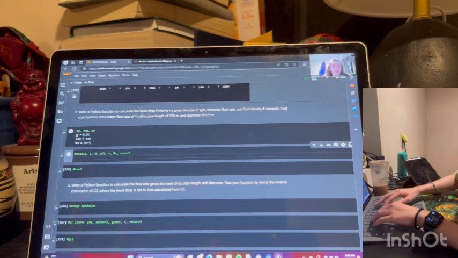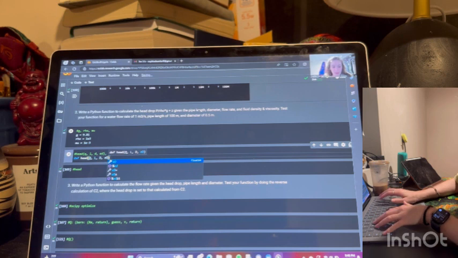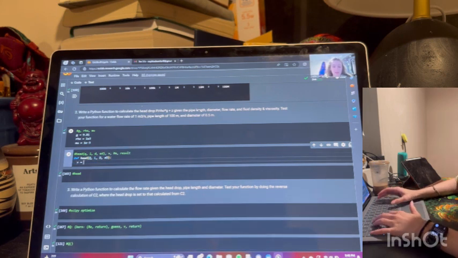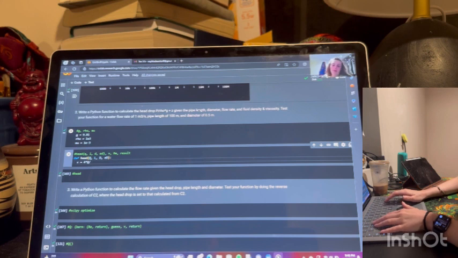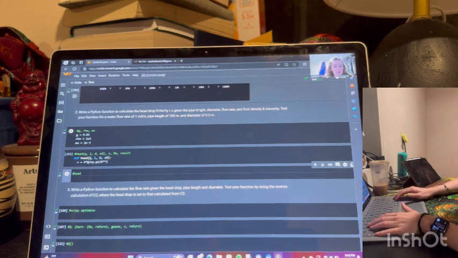All right, and then we're going to do def head and then relate it to Q, L, D, and ED. We're going to write V as being equal to 4 times Q divided by np.pi times D squared.